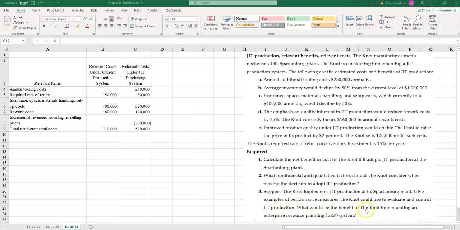And what would be the benefit of NOT implementing an enterprise resource planning system? Well, if we have an enterprise resource planning system, remember it's one single database that encompasses all the data about the company.